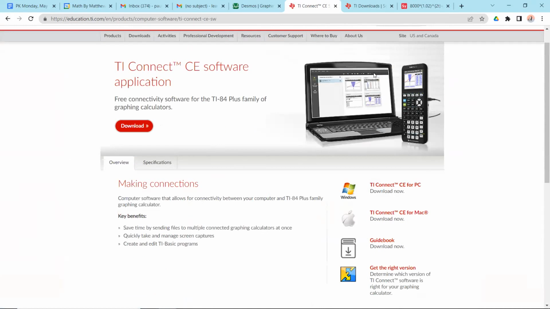Can you send a screenshot here? It's loading now. One second. Let's see if I can.